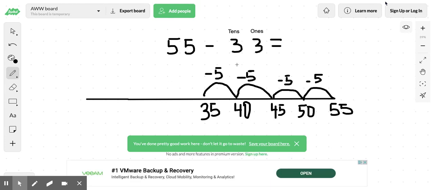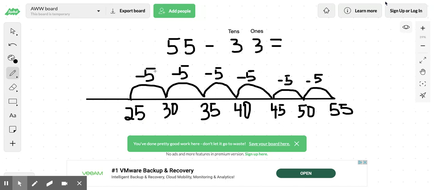But we need to do 3 tens. So we've got 2. We need to do two more 5s. 5 would be 30. And then subtract another 5 would be 25. So this is 10 here. That's 10 there.